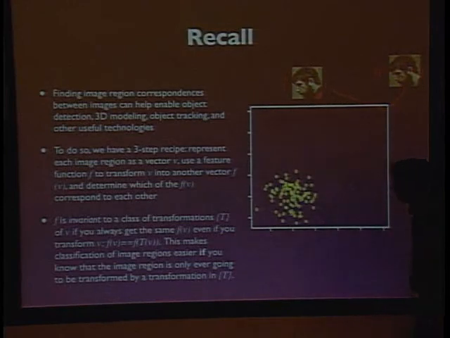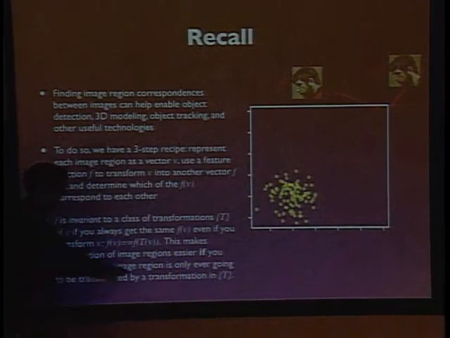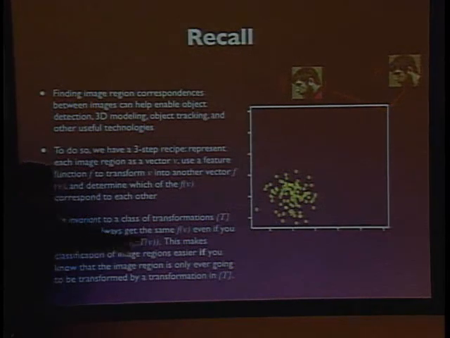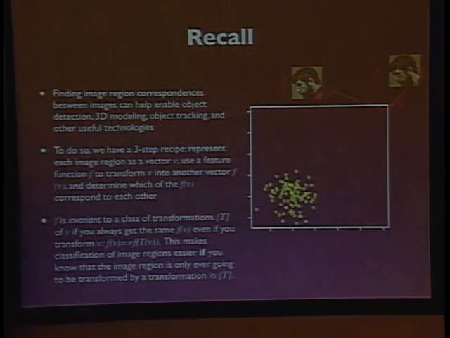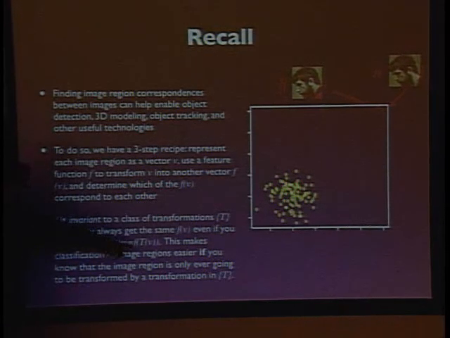And this thing is a function that takes an initial image patch, call it V, and transforms it to another image patch. So the domain of T is the set of image patches, and the range of it is image patches as well. And all I'm saying here is that f is invariant to the class of transformations T if f of v equals f of t of v for all possible t's.